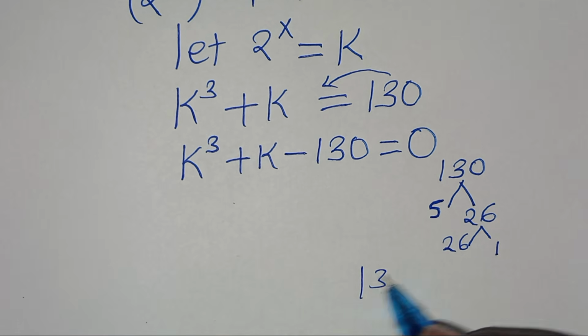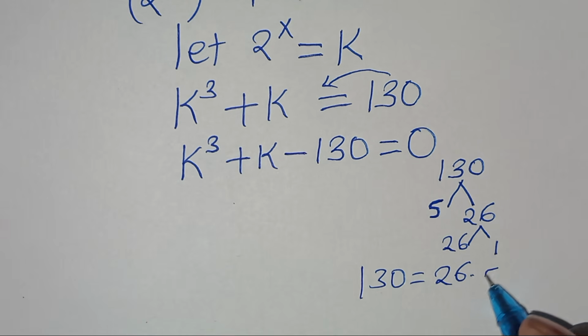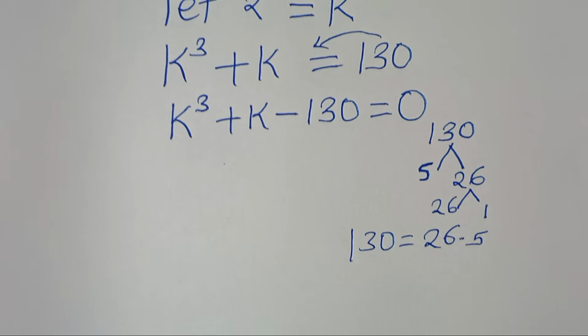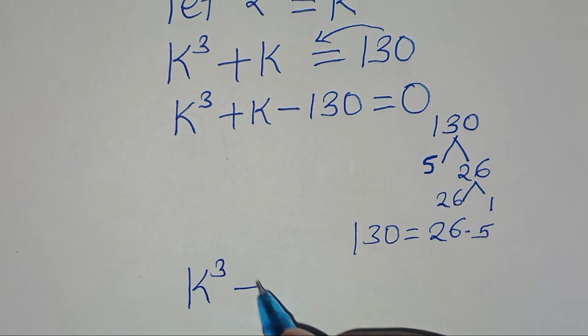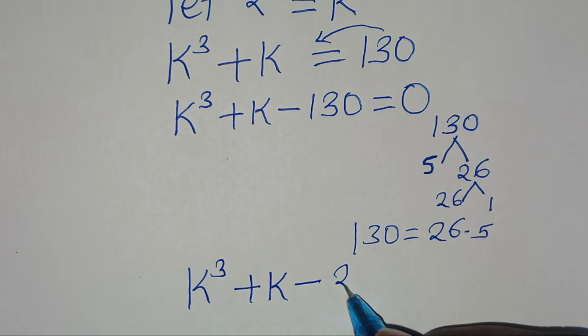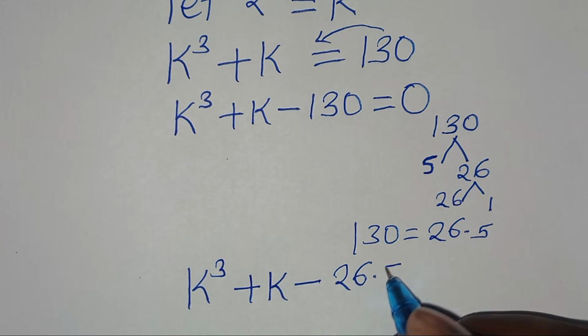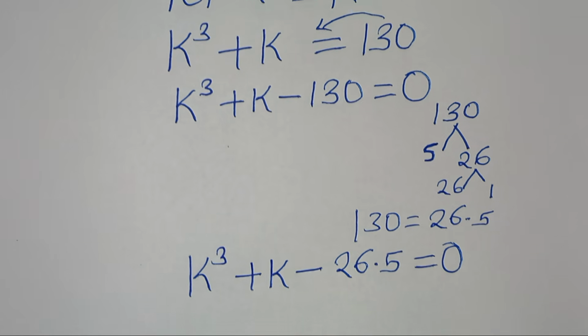This is the same thing as 26 multiplied by 5. So we have k to the power of 3 plus k subtract 26 multiplied by 5. This is equal to 0.